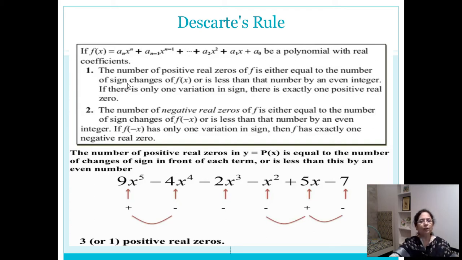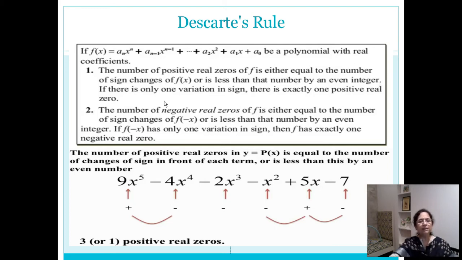If this is a polynomial with real coefficients, Descartes' rule of sign change says that the number of positive real zeros of f is either equal to the number of sign changes of f(x) or is less than this number by an even integer.